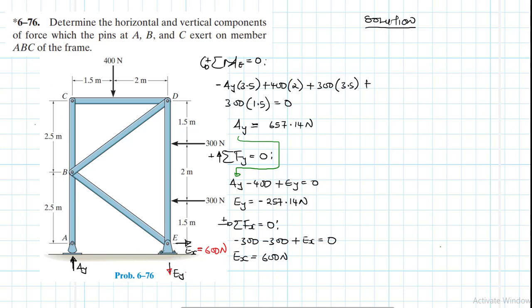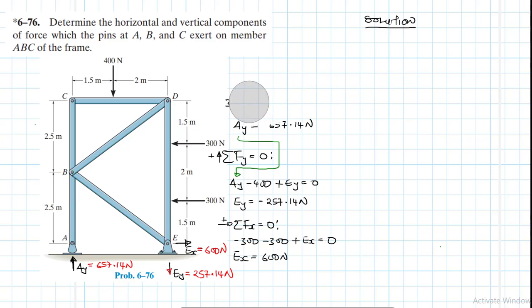EY is going to be equal to 257.14 newtons. AY, the same direction, is just 657.14 newtons.